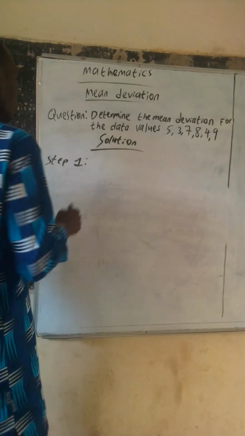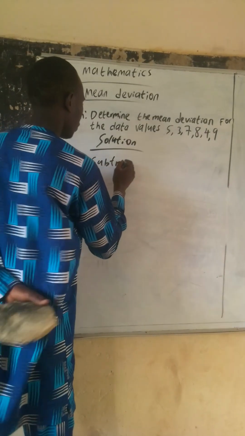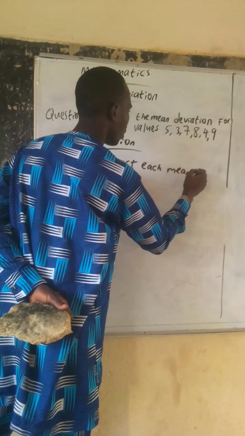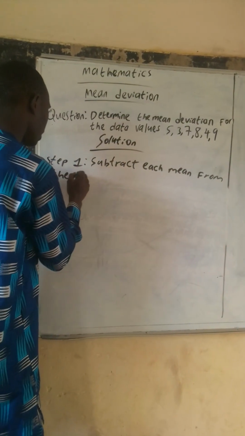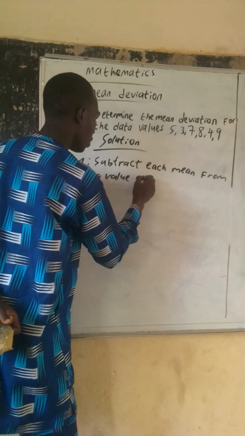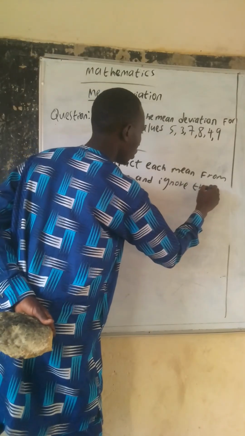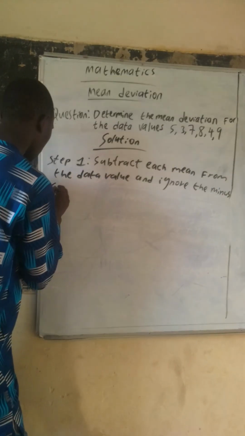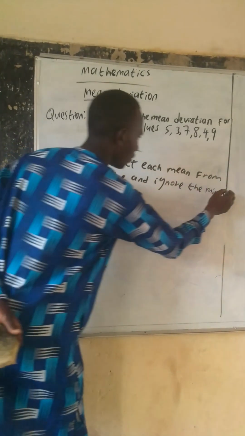Step number 2 is to subtract the mean from each data value and ignore the minus sign if any.